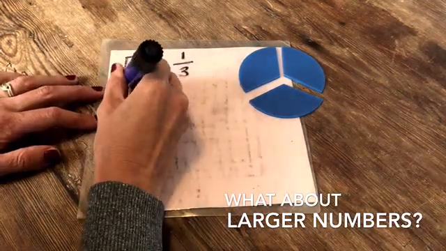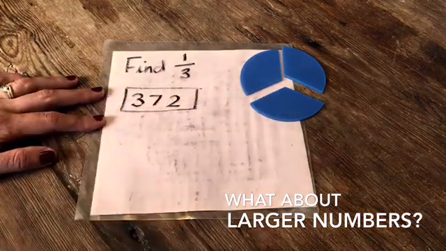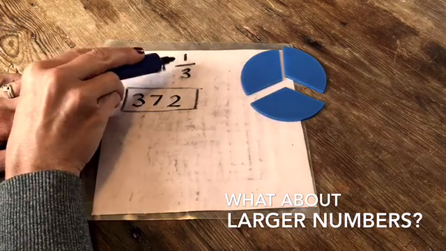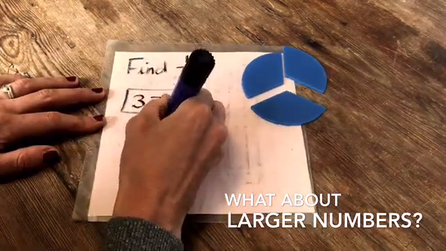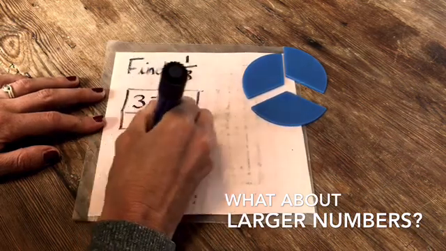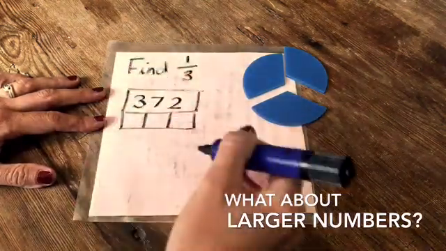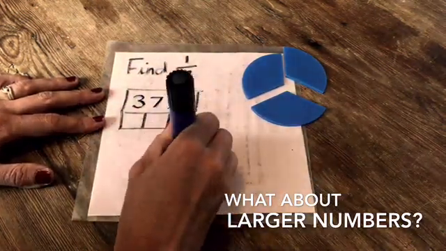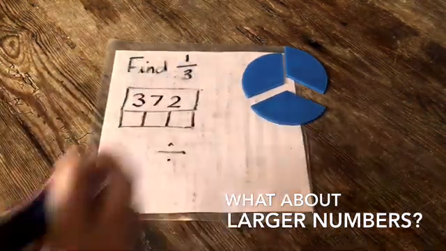But if we go back to just drawing our clever bar, knowing that the amount we're starting with is 372, and that if we are finding 1 out of 3 parts of this number, what that means is that we are splitting the number equally into 3 equal parts. Then what you do at that point is you remember that this is just division.